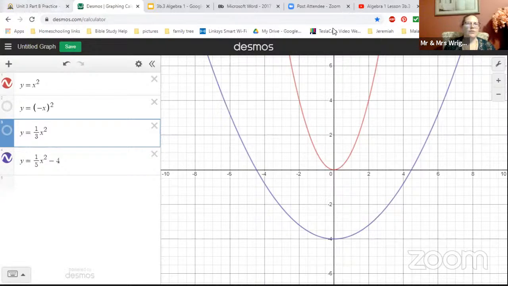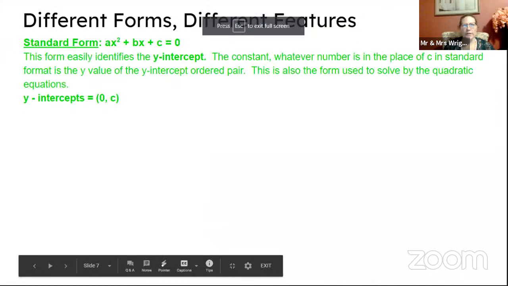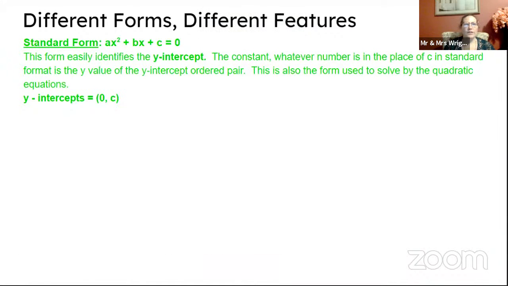All right, so I want to get back to our slides here. I want to talk about real quick, and this is how we're going to close up today, the three different forms of quadratic equations that we've looked at. So the first one we looked at was standard form. A times x squared plus b times x plus c equals 0.